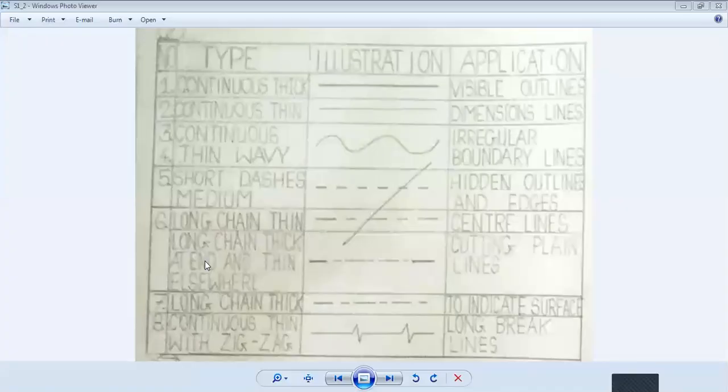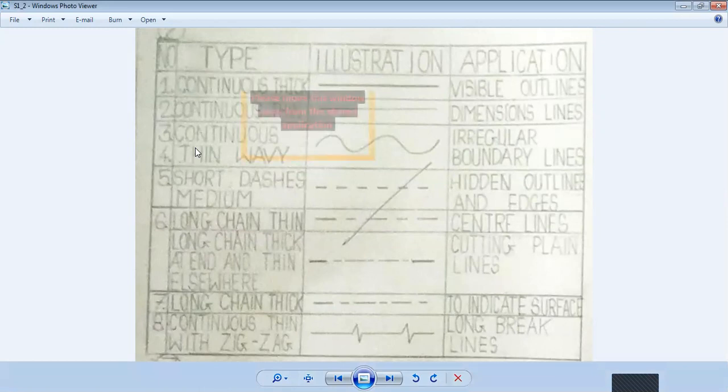Is the screen visible? Yes, sir. These are the different lines. Okay? Just a minute.